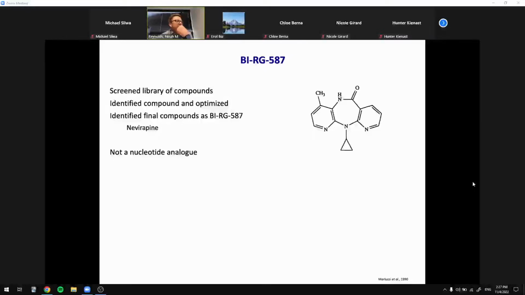Right, so they did a screen and they found one of the chemicals in their screen worked as an inhibitor. And this was not a nucleotide analog. So it was something else. They guessed it probably wasn't binding to the active site, but they needed to test that.